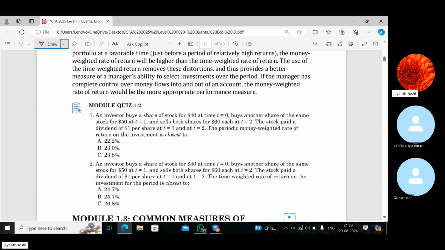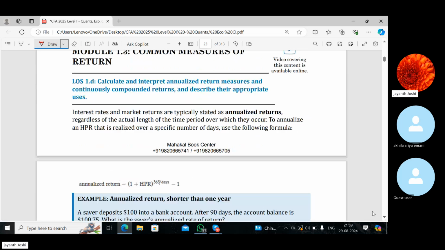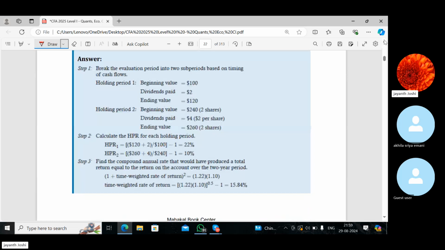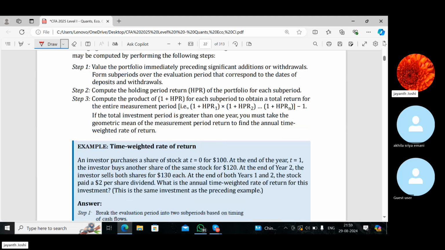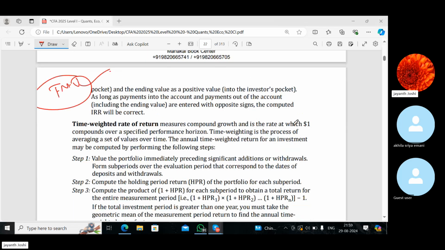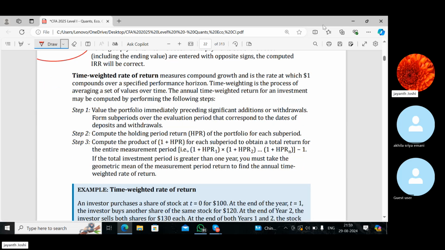Now we'll do time weighted returns. So now let's understand this one. Time weighted rate of return: you are giving weightage to time here. First, how will you calculate the time weighted rate of return? Value the portfolio immediately preceding significant additions or withdrawals.